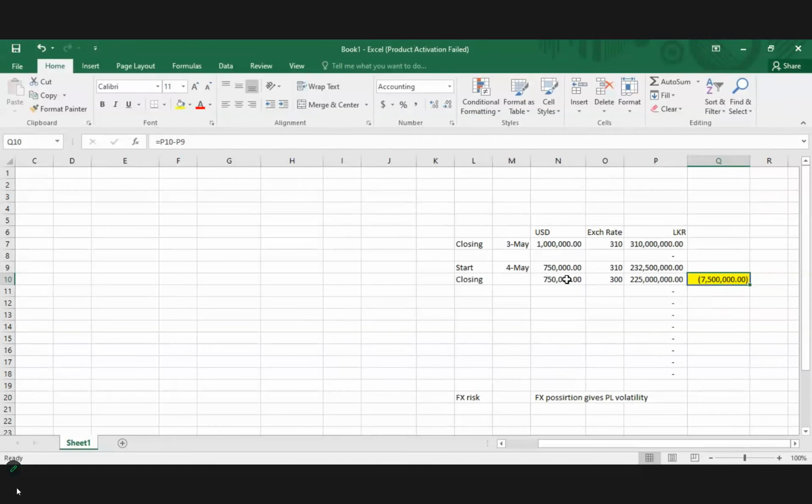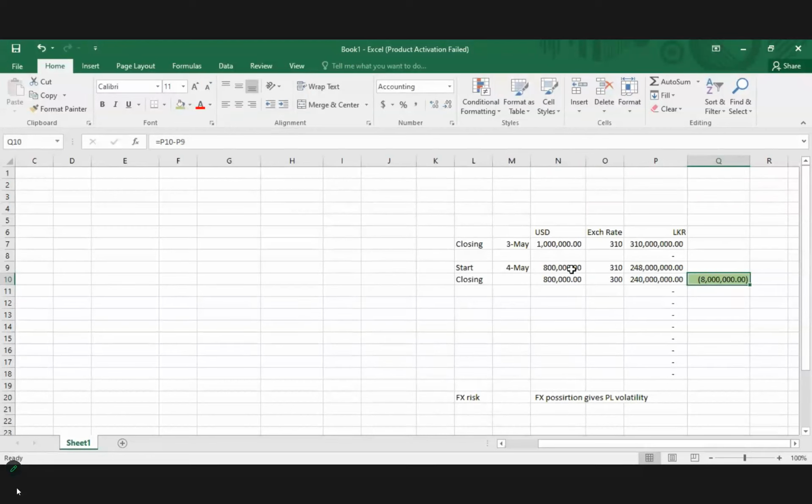Right? So now you are within the tolerance limit, because your tolerance was 8. Anything less than 8 million, you were okay. So if you have, let's say, 800,000 here, then you are within that limit.